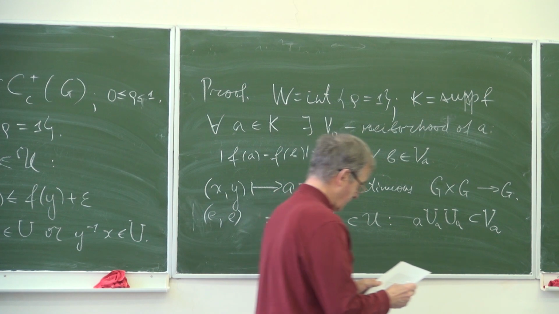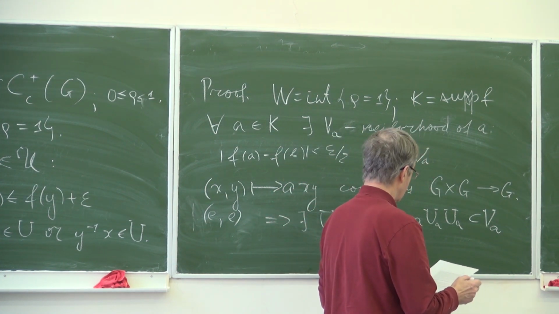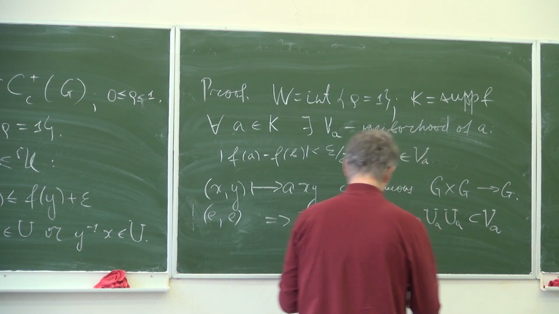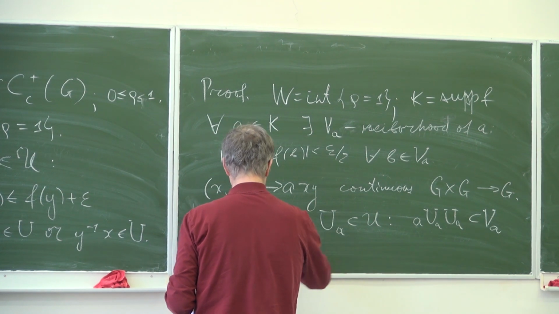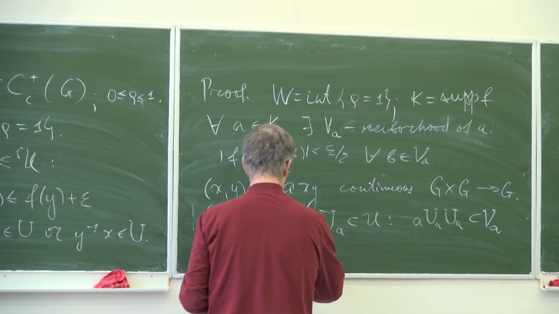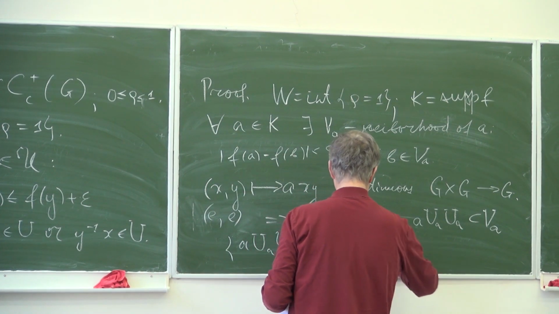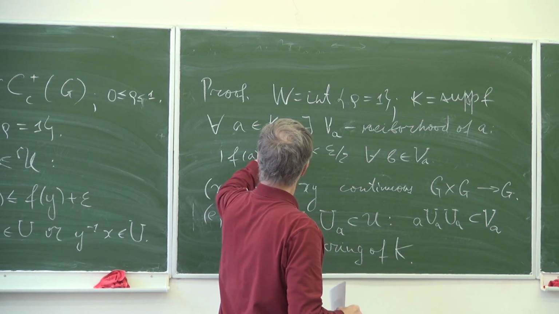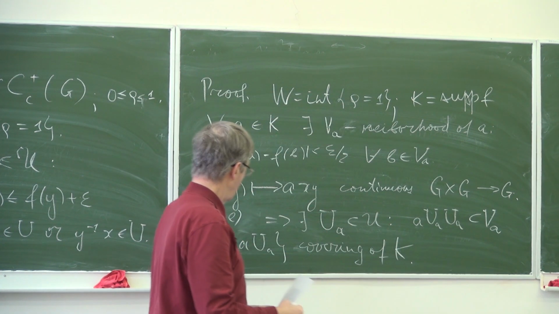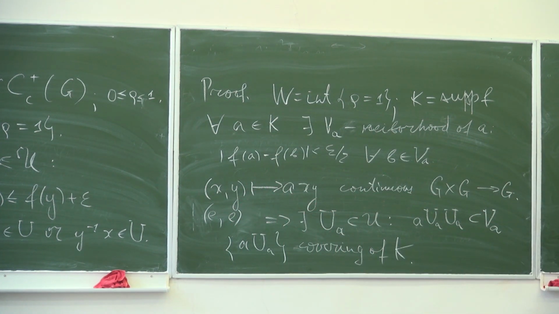And next, we take the collection of such open sets, and this is a covering of K. So I remind you that a runs through K. So this is a covering, and since everything is compact, we can find a finite subcovering.